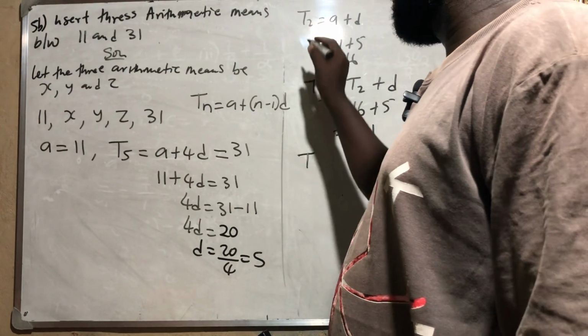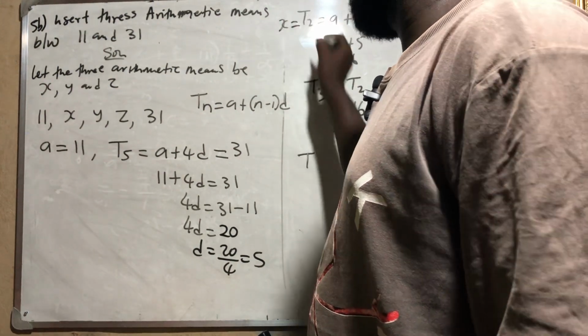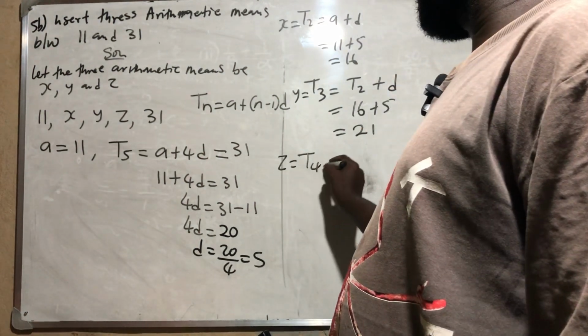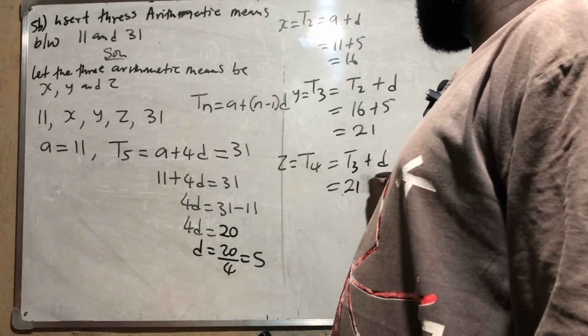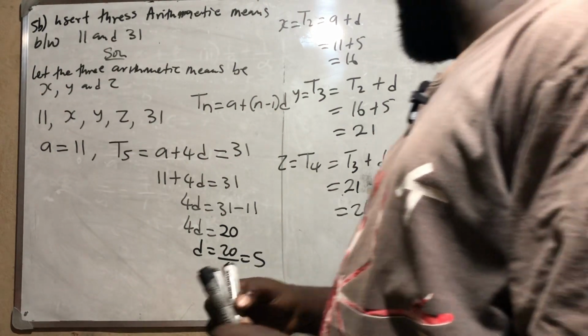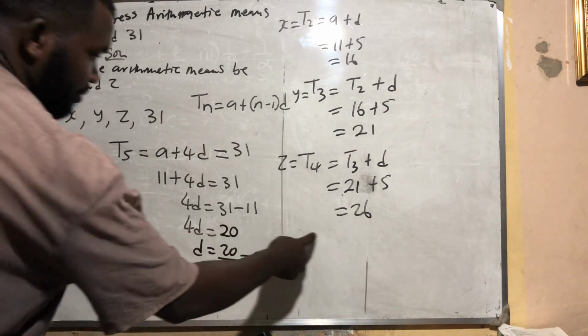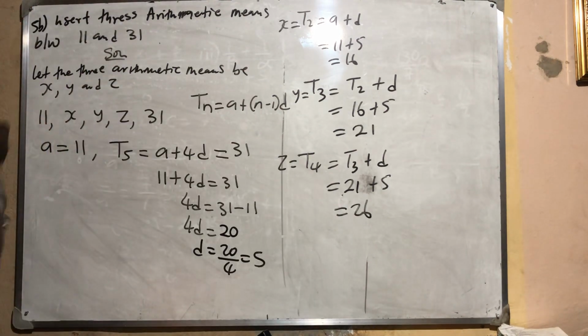The fourth term, which is z, don't forget that this is x, this one is y, then z is the fourth term, which is the third term plus d again, which is 21 plus 5, which is 26. So the arithmetic means are 16, 21, and 26. Write it. The arithmetic means are 16, 21, and 26.